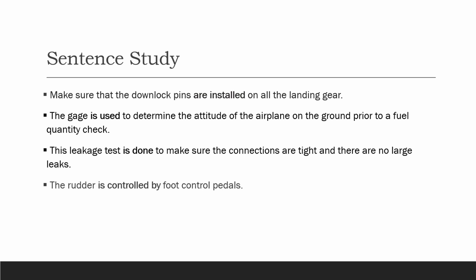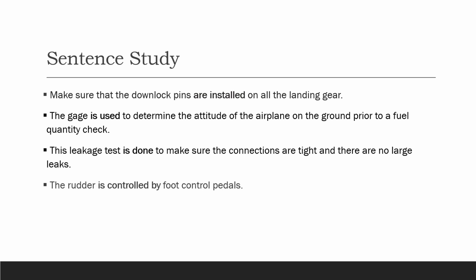İkinci cümle. The gauge is used to determine the attitude of the airplane on the ground prior to a fuel quantity check. Bu cümle 3 parçaya bölünebilir. Bir prior to var burada. Before anlamına geliyor biliyorsunuz. Bir de to var. To da sebep bildiriyor. Prior to ile başlayalım.